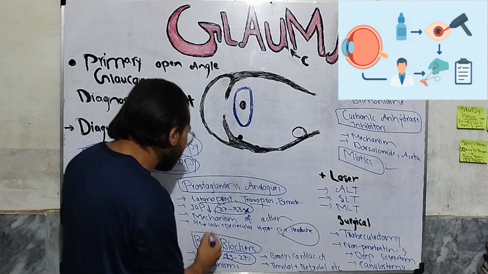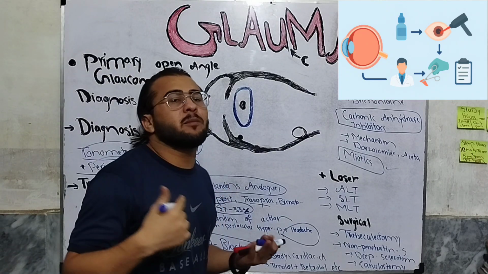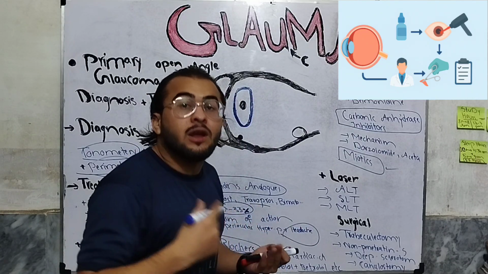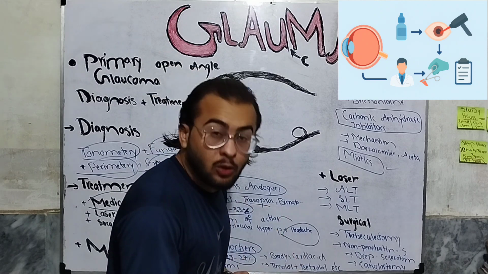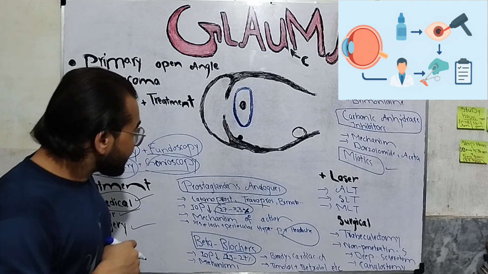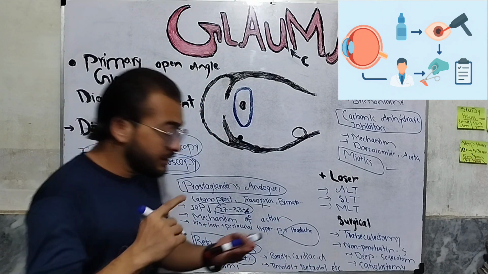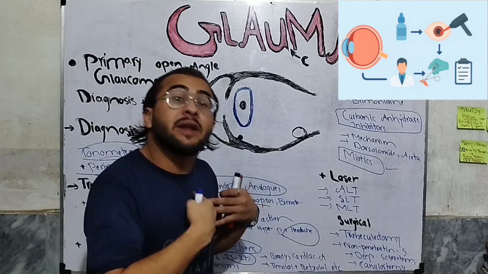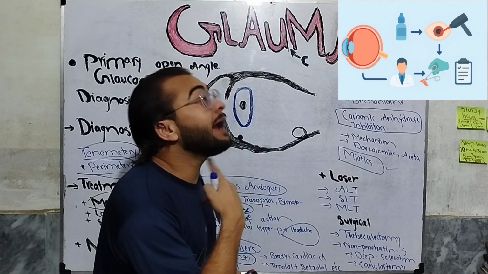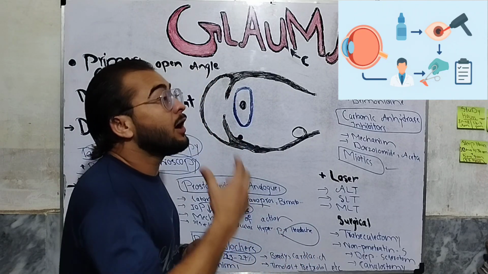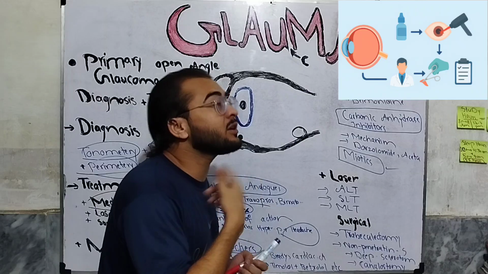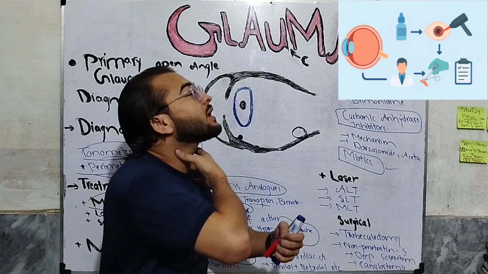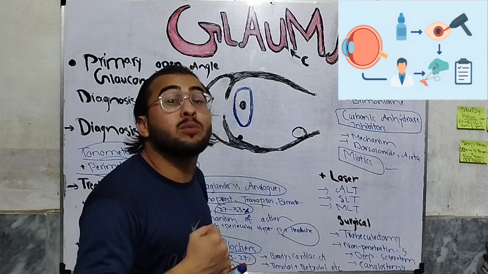The drugs in the beta blocker group can be cardioselective or non-cardioselective, such as timolol, betaxolol, and levobunolol. The side effects: since they inhibit the beta receptors, they can cause bradycardia, cardiac arrest, and bronchospasm in asthmatic patients. In an asthmatic patient, non-selective beta blockers will constrict the bronchi and cause bronchospasm.